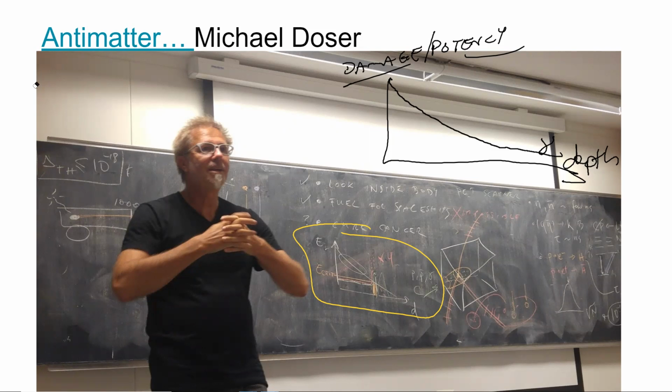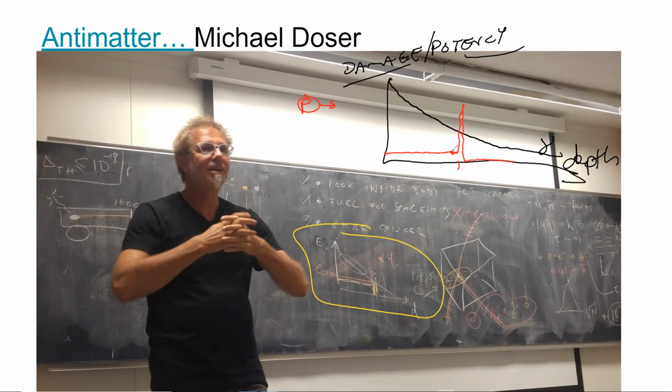Let's do another type of radiation. Not X-rays, but now let's shoot something at it, right? What's weird is if you shoot a proton at something, it'll actually pass through it and it'll have very little damage. But then when it gets to a certain depth, when it slows down enough, it dumps all of its energy in this peak.